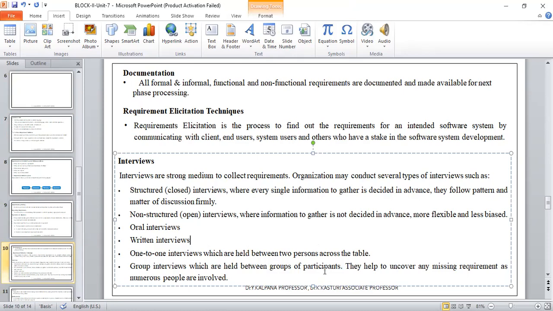They will decide the topic in advance and discuss it on a particular day. Oral interviews, they will take an interview orally. Written interviews, they will give some information in return. One-to-one interview, and then group interviews are also there. Whether there are any missing requirements or any that have been left out can be discussed at that time.